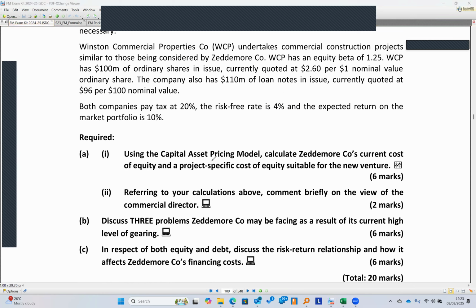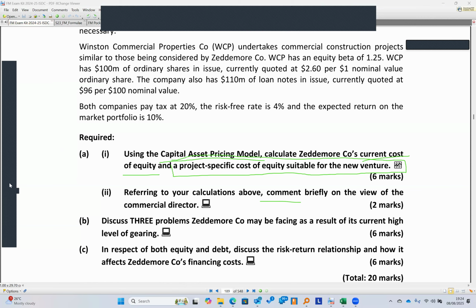They wanted us to calculate, using capital asset pricing model, the current cost of equity. But then they also want a project-specific cost of equity for the new venture. Okay, so we need to first do that before we can come and discuss this, because we have to have both of them. Then we can now say whether the commercial director was okay to say that or not.